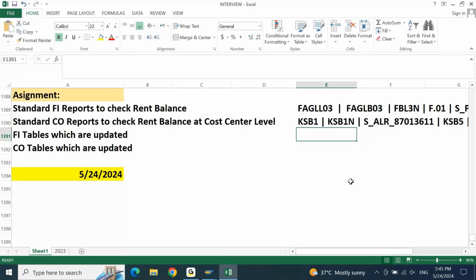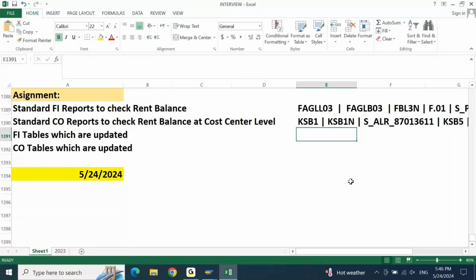We are all aware cost center can be assigned only to a GL account, not to customer, not to vendor, not to asset while posting the entry. So you need to be very specific when you're talking about posting. You have to represent the table which will record the GL line item. What tables will get updated where the GL line item is stored from the FI point of view?